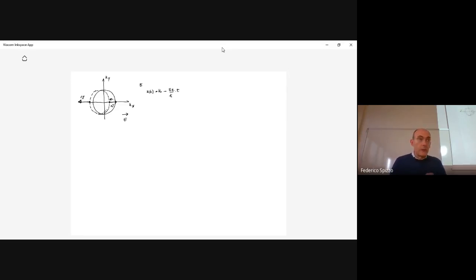So you find again what you expect when you apply an electric field to a negative charge: you apply the electric field in one direction, but the negative charge moves in the opposite direction.